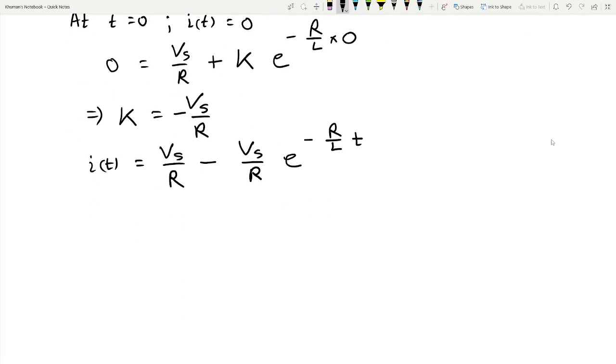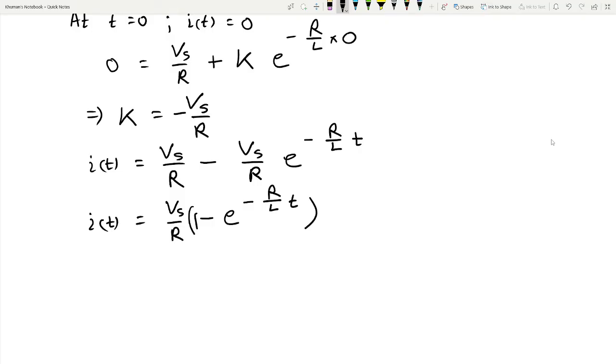Then we can rewrite it as i(t) equal to Vs by R times 1 minus e to the power minus R by L t.